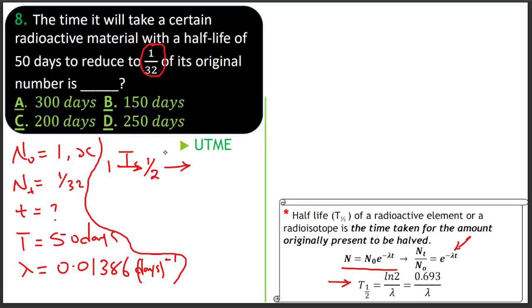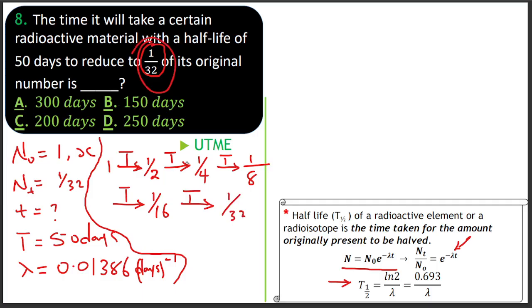After the second half-life, 1 over 2 divided by 2 will be 1 over 4. After the third, 1 over 4 divided by 2 will be 1 over 8. After the fourth, 1 over 8 divided by 2 will be 1 over 16. After the fifth one, 1 over 16 divided by 2 will be 1 over 32. Okay, you stop. Once you get to this amount, you stop.